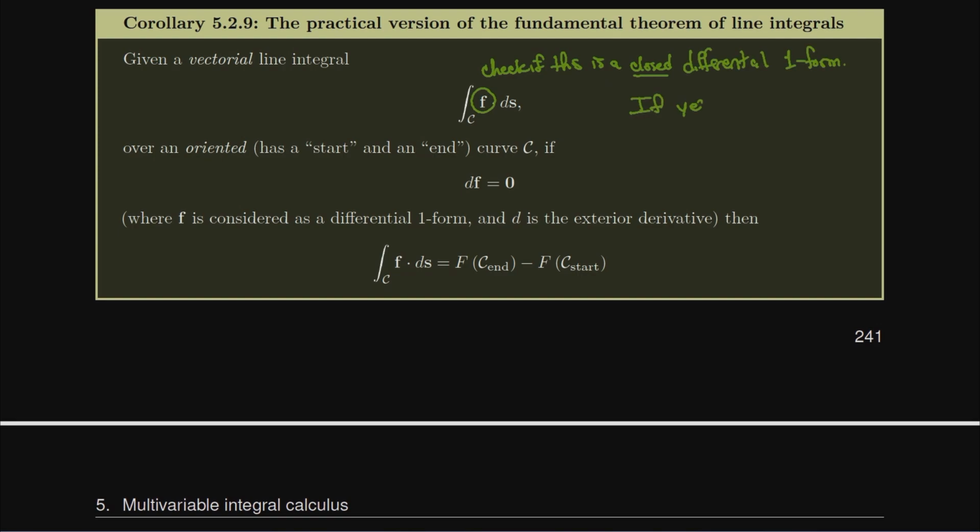If yes, the fundamental theorem applies. And so find a primitive and evaluate on the endpoints. Because that's all the fundamental theorem is telling us to do, is compute the primitive function and then evaluate on the endpoints. That's the good corollary here.